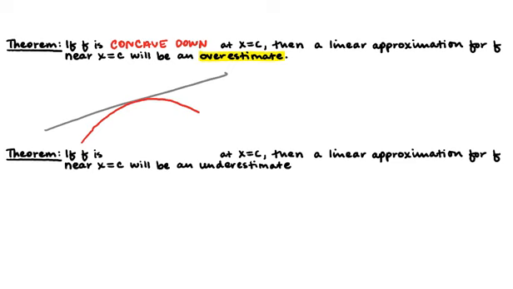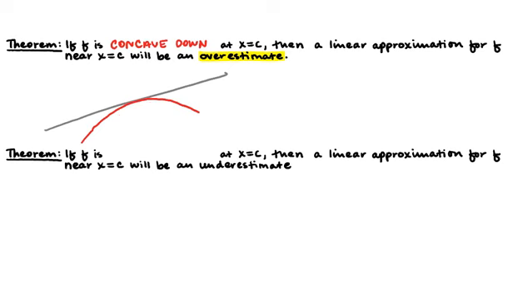We don't know what happens. Maybe this thing has a change in concavity, and then all of a sudden the tangent line is not such a great estimator. But for values of x very close to the point of tangency, like right there and right there, the tangent line's a pretty solid estimator.